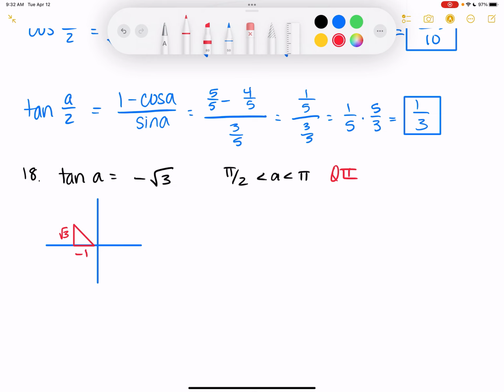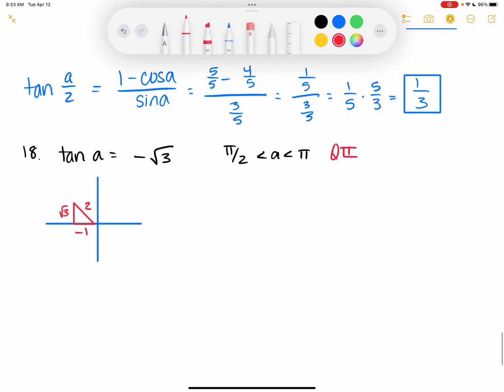Now I'm going to see if you remember your special triangles. You don't remember a 30, 60, 90 triangle? The side values are 1, 2, root 3. You obviously could have found it the normal way too.